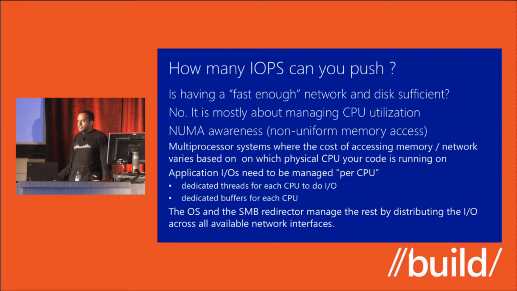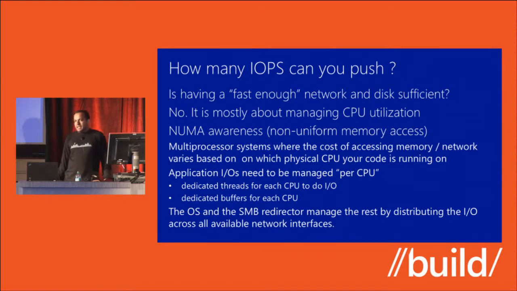So some memory is cheap to access for some processors, while some memory is more expensive to access. And especially each processor has its own cache, so maintaining cache coherency is also expensive. The cost of memory access is based on which physical CPU or processor your code is running on.